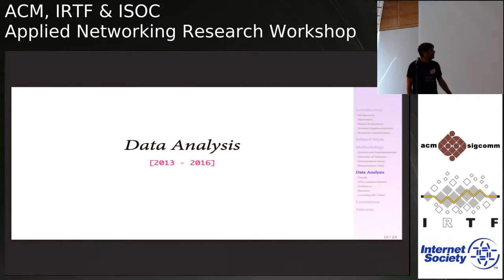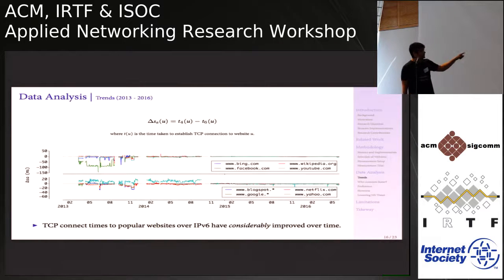Next slide, please. So let's look at some results. This is showing you the trends, the time series of TCP connection establishment times to some websites that I consider popular. This is showing you the difference in TCP connection establishment time, so 4 minus 6, and this is TCP connection establishment time, again stressing it.